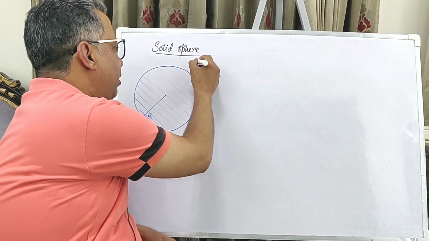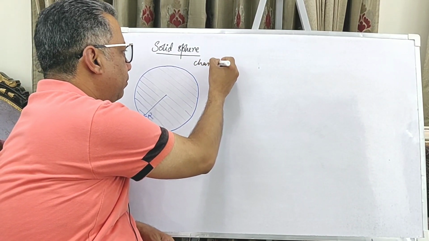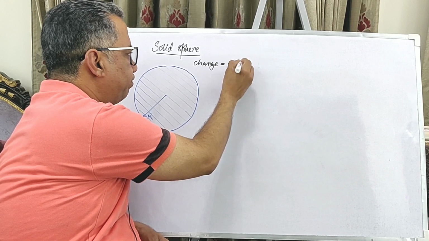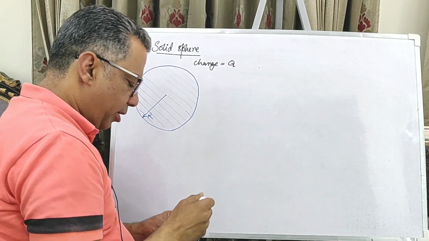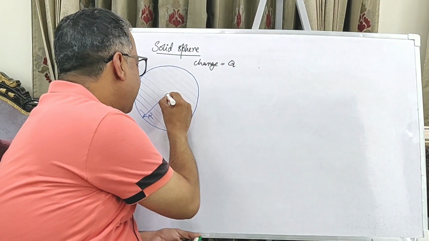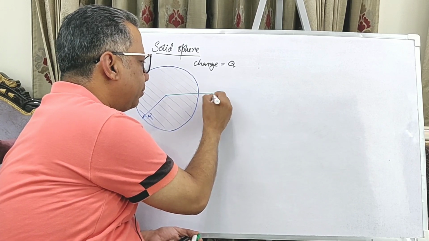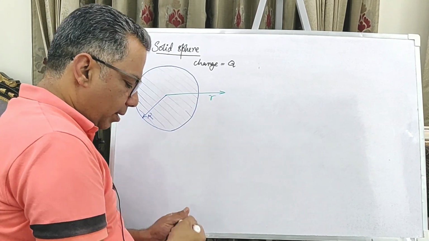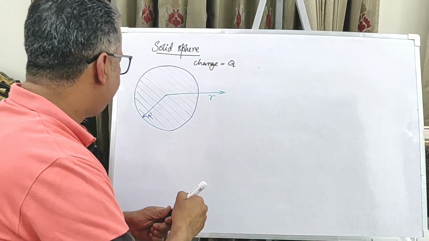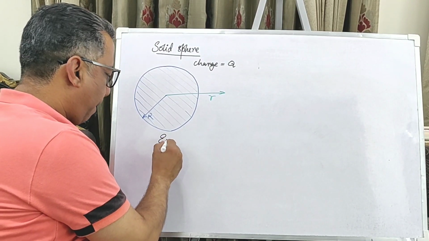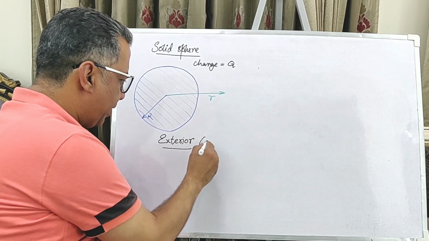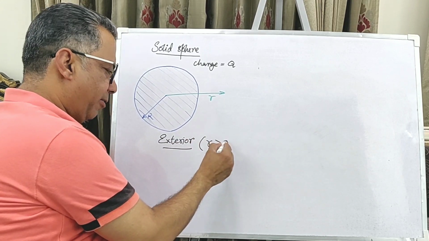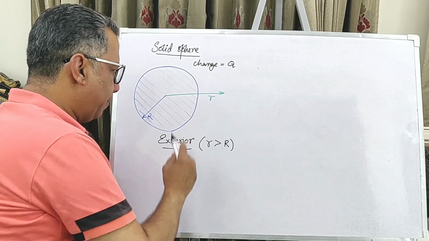So charge here is of course Q, and initially we calculate potential at a distance small r from its center, with small r being greater than the radius of the sphere, over here in the exterior of the sphere. That's outside the sphere, so small r will be greater than capital R.